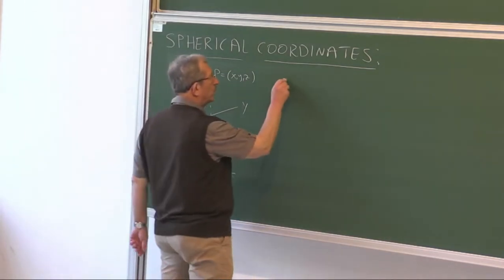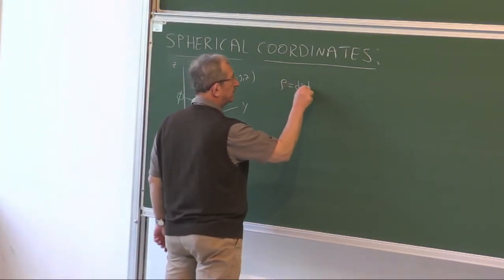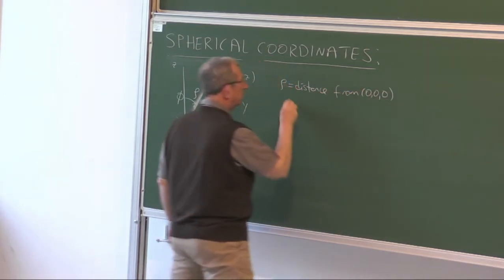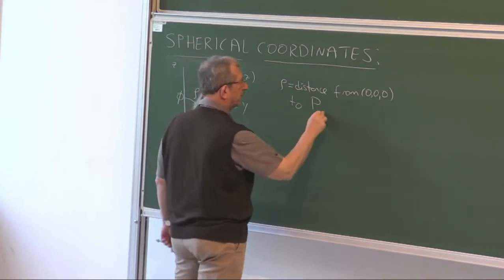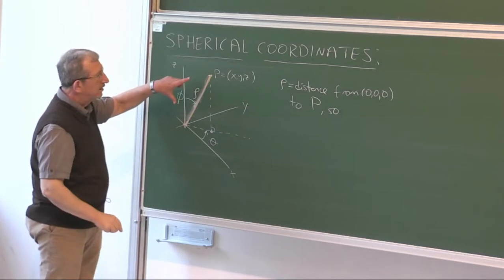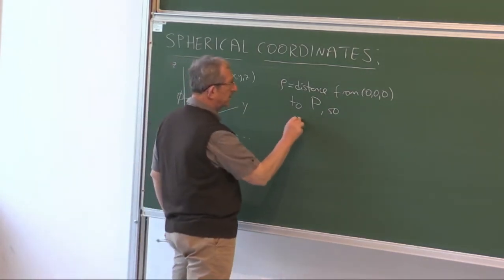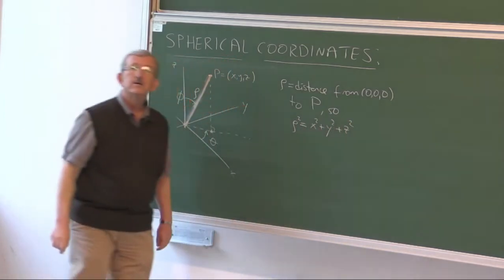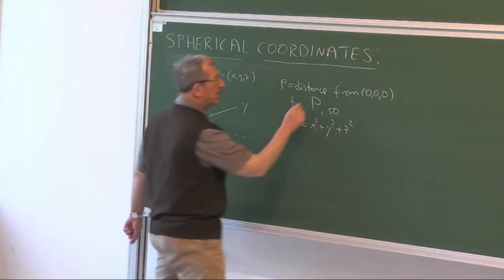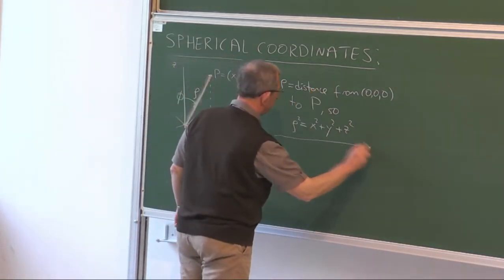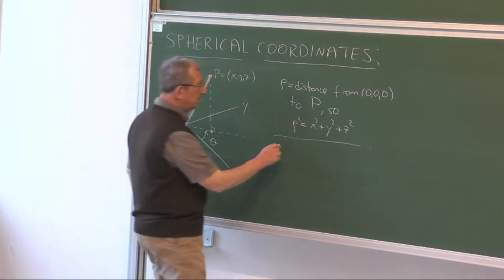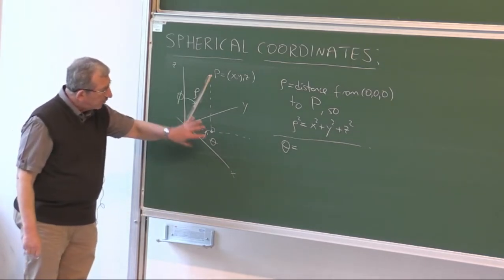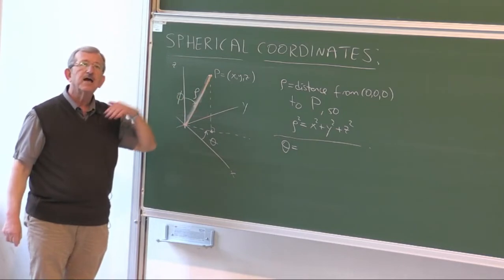So rho is the distance from 0, 0, 0 to the point P. So clearly, the distance squared is given by x squared, y squared, z squared added together. Now, theta is the angle in the projection starting with the positive x-axis.